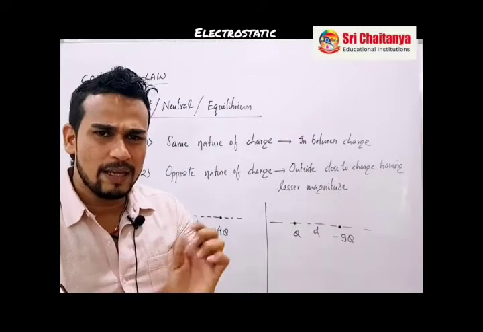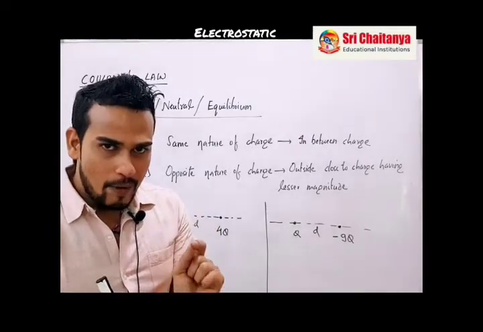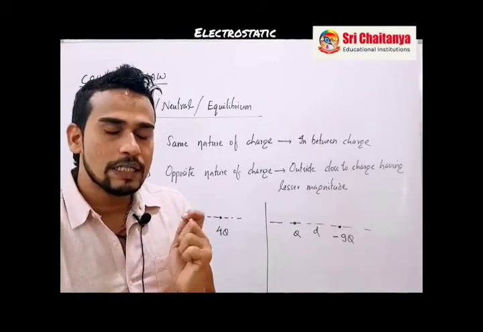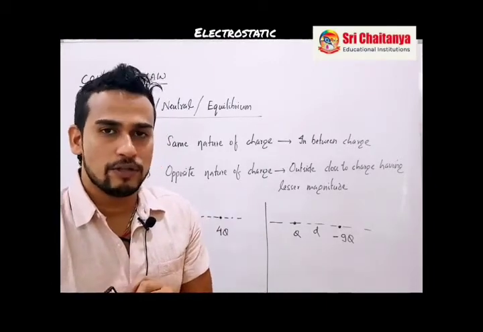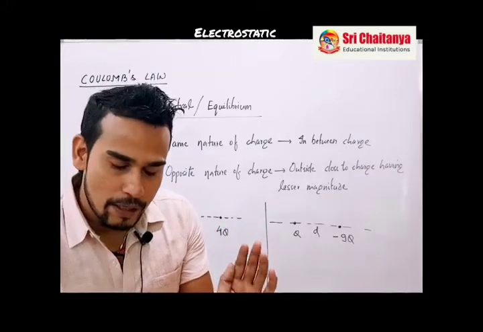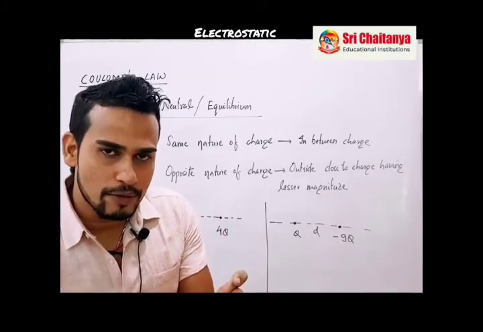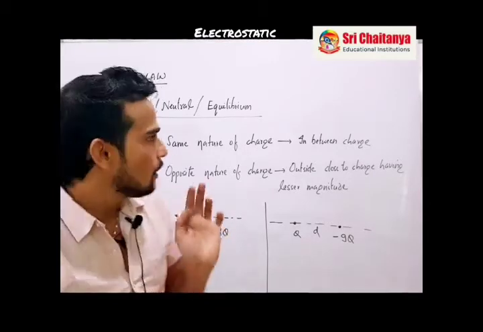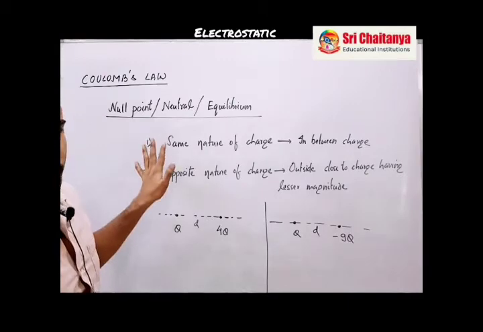Always remember, null point means the point where net force will be 0, or net electric field will be 0. Net force 0 also means equilibrium, or neutral point. So the same point has got three names.